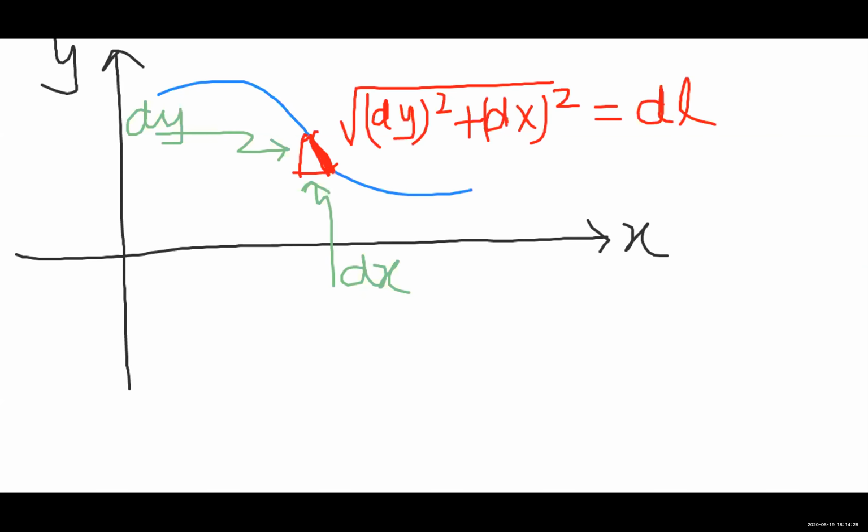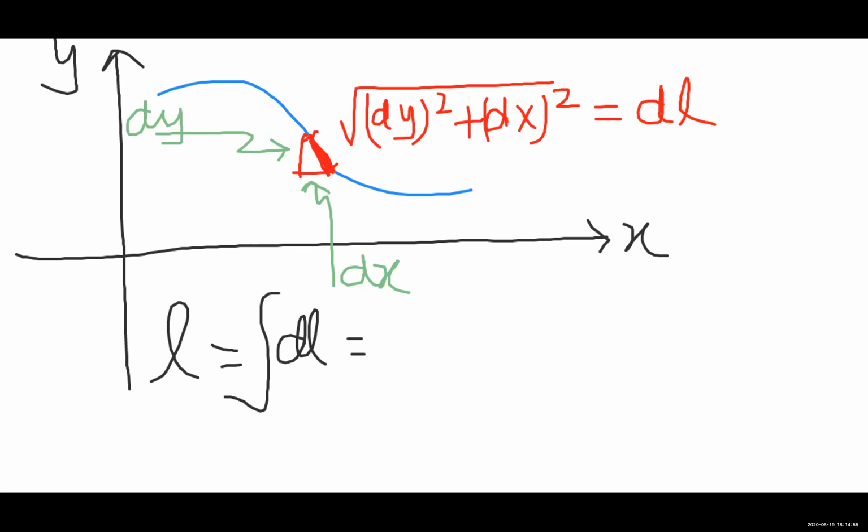Okay. And the total length of the curve is equal to integration of dl, because after all integration means summation, and if I am summing up all the little dl's that make up this curve, then I am arriving at the length of the curve.